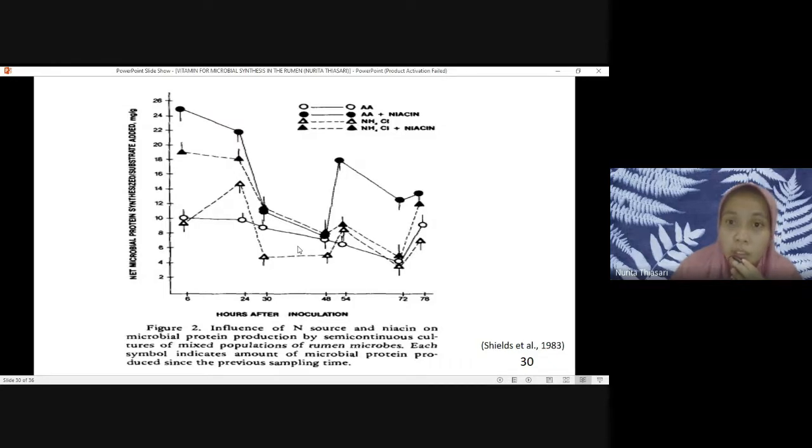So if we add the ammonium chloride, it needs a longer pathway in order to build the microbial protein. So in here, it will have a higher result in amino acid because the amino acid is already, how to say, easier to incorporate than the ammonium chloride, because it has a longer pathway to make the microbial protein synthesis.